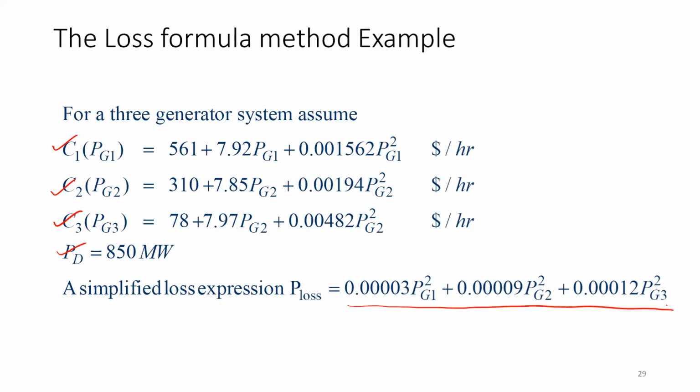So the bottom line is, we have got 3 expressions of 3 generators, and we got our equality constraint. What is my equality constraint? C1 plus C2 plus C3 should be my PD plus P loss, where PD is 850 and P loss is given over here. So is the question clear to all of you?